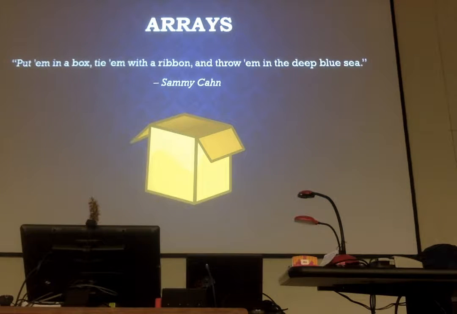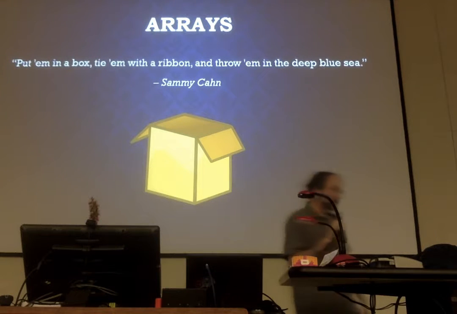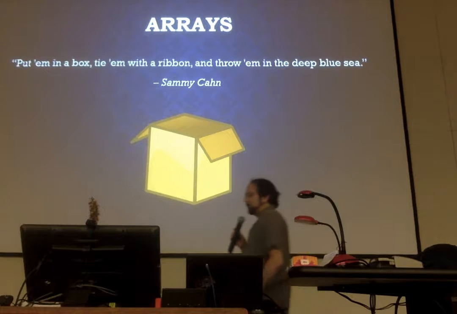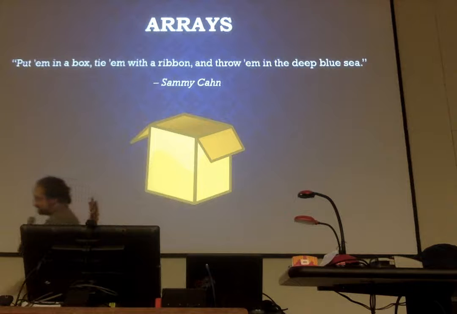An array is basically a big chunk of memory that we put a bunch of things in, one after the other, of the same type. So we might have an array of integers or an array of floating point numbers or similar. You can kind of think of an array as a bunch of boxes, one after another, and we're going to put stuff in the boxes.